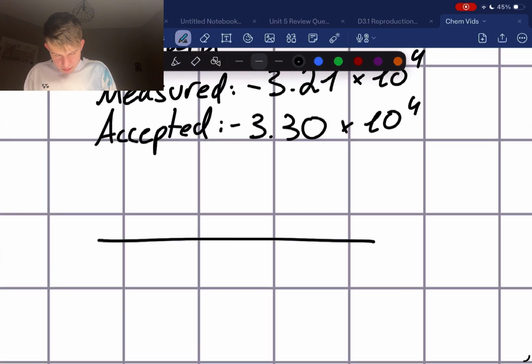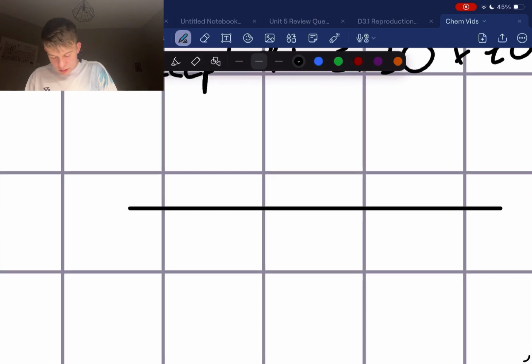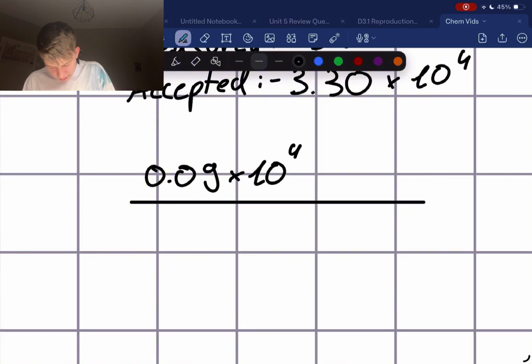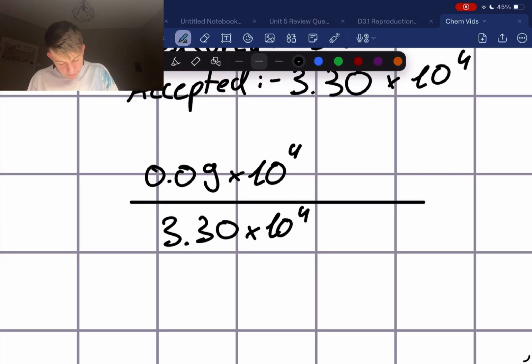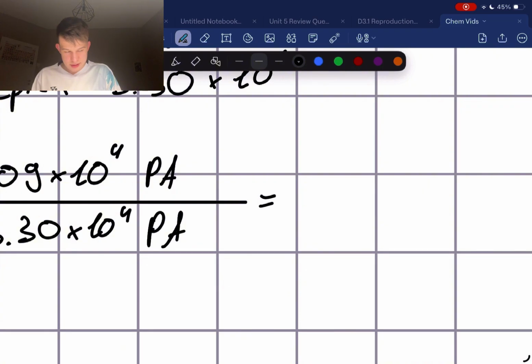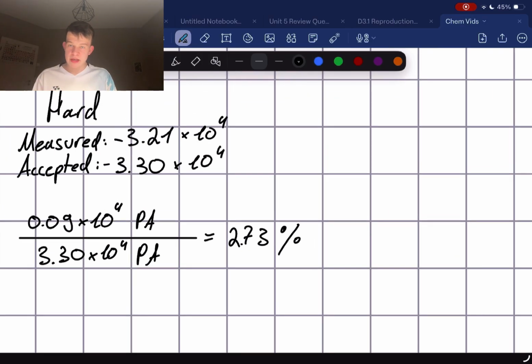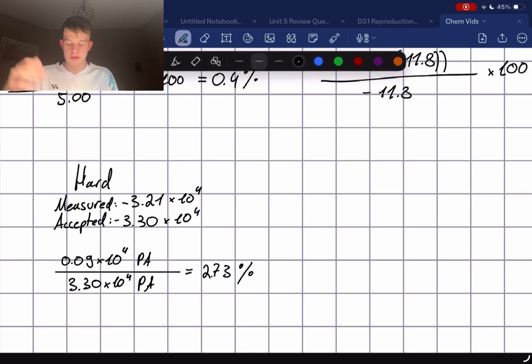I forgot to write it down, sorry. If we put it in the calculator, it will give us 0.09 times 10^4 divided by 3.30 times 10^4. Don't forget the units, Pa, and that would give us 2.73%.